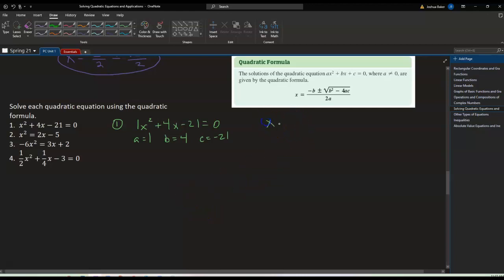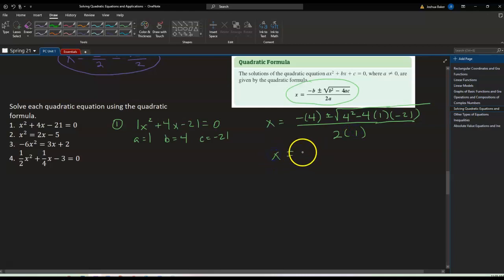So if I am substituting into this quadratic formula right here, it's going to be negative b plus and minus the square root of b squared minus 4 times a times c all over 2 times a.